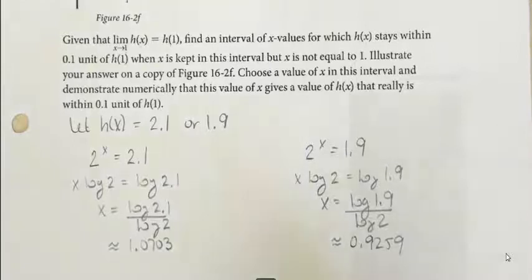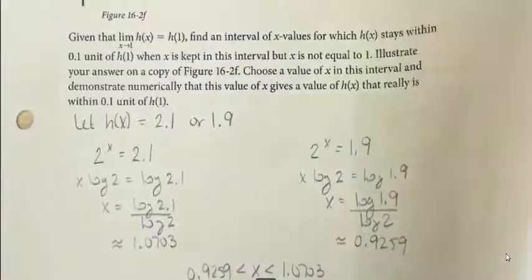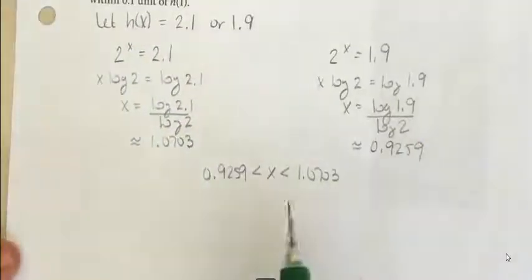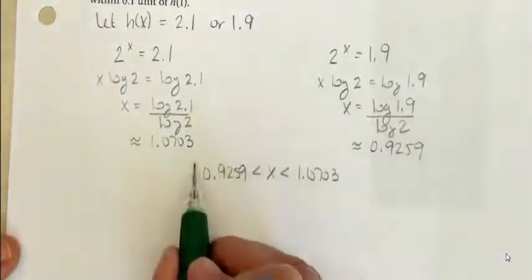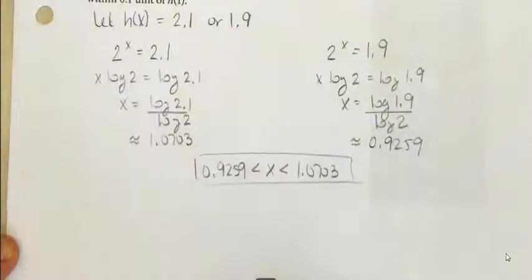And so we should keep x in between 0.9259 and 1.0703. That'll keep it within 0.1 unit of 2.